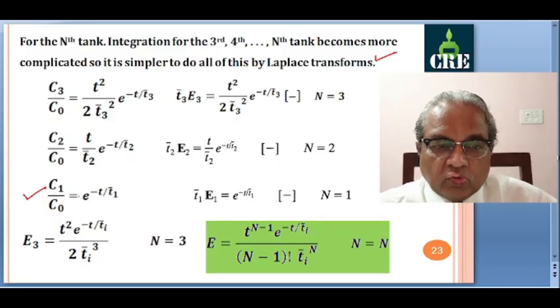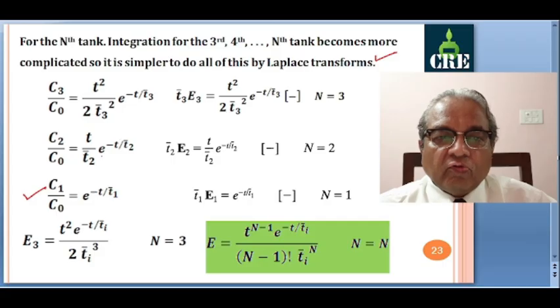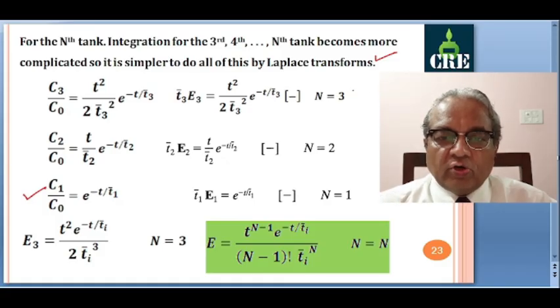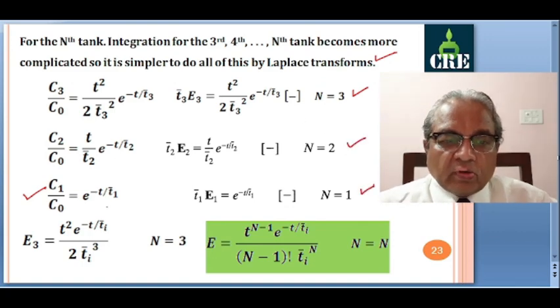So we want to write now for nth tank. T3 E3 will be this right hand side, T square by 2 into T3 bar cube multiplied by e raised to minus T by T3 bar. This is again dimensionless for n is equal to 3. So we have for n is equal to 1, n is equal to 2 and n is equal to 3.